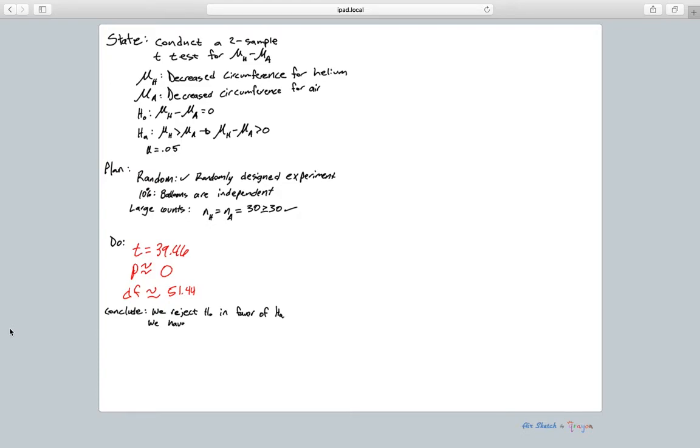We have convincing evidence that helium leaks faster than air.